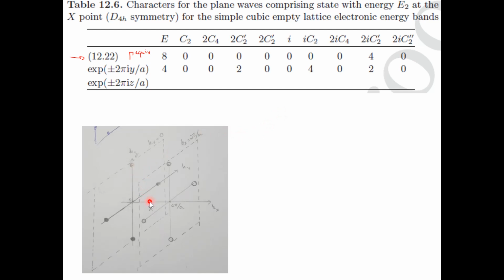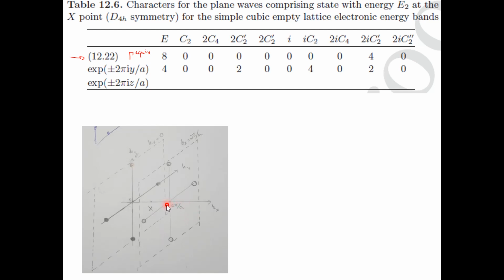In this case, we are dealing with a D4h group, because this is the group of the wave vector at the X point. And in this case, it's quite simple, because for the identity, the 8 reciprocal lattice points remain invariant, but for almost all of the other symmetry operations, all these points move around. So they do not remain invariant.